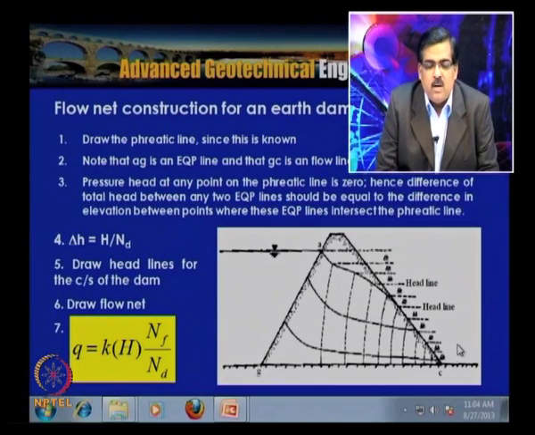By knowing the number of drops, we can calculate delta H. We can construct the flow net and then determine Q, which can be seepage or leakage, for a reservoir, Q is equal to K into H into Nf by Nd.